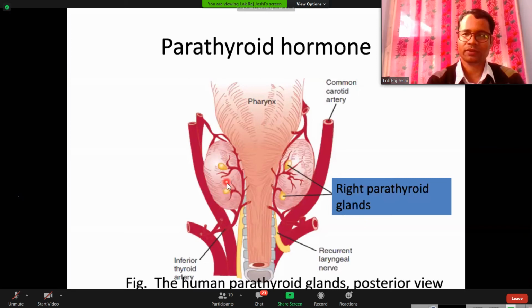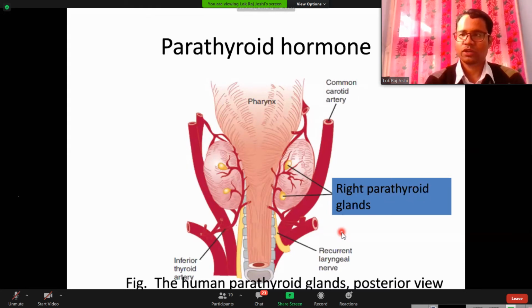On the posterior aspect of the thyroid gland, you can see the parathyroid glands. And the importance of this relation is, in case of thyroid surgeries, previously when the function of this gland was not very clear, it was likely that it was removed with thyroid surgeries. And then thereafter, calcium homeostasis would be disrupted.